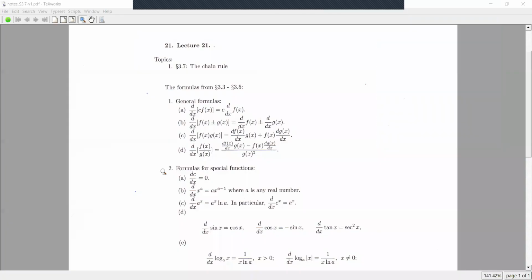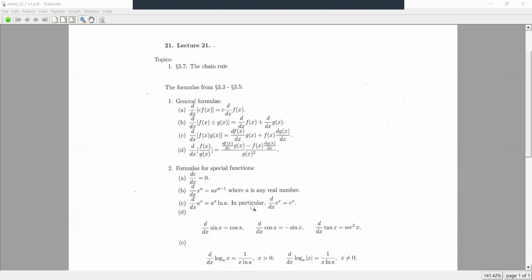The second group also has 5 formulas. Formula 1 is for constant functions. Formula 2 is for power functions. Formula 3 is for exponential functions.